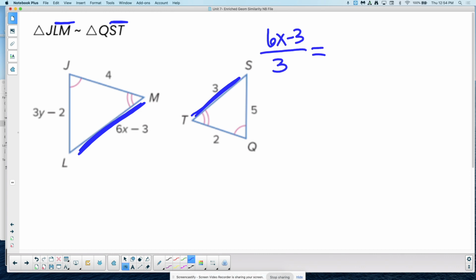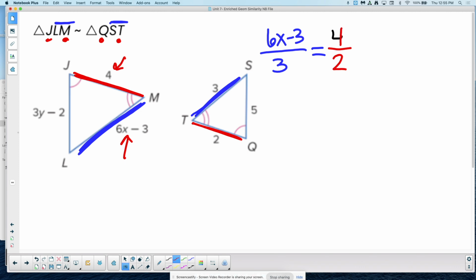And I'm going to set that equal to, well, I don't want to use JL because there's a variable there, so I'm going to use 4. So JM matches QT, which is 2. And remember, since I started with this triangle, the 6x minus 3, I have to make sure I put 4 on top. I have to keep the order the same.